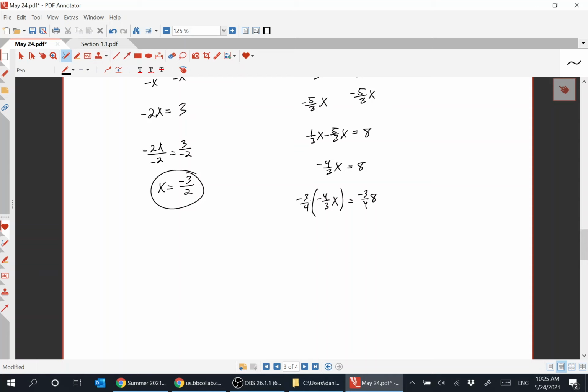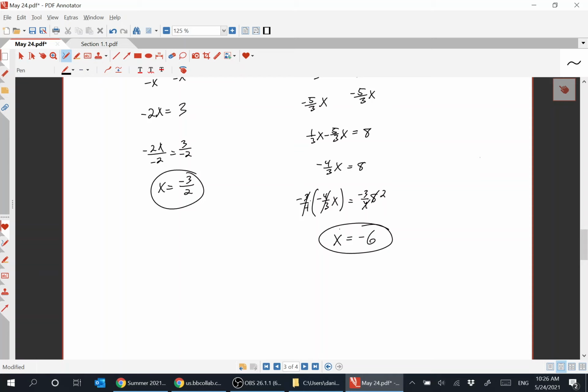See that? Minus 3/4 times minus 4/3 is just 1, because the 3's and the 4's are going to cancel. So that's just 1. Remember that: A over B times B over A is just 1. So this is x. And then here, the 4 and the 8 cancel, leave 2, gives me minus 6.